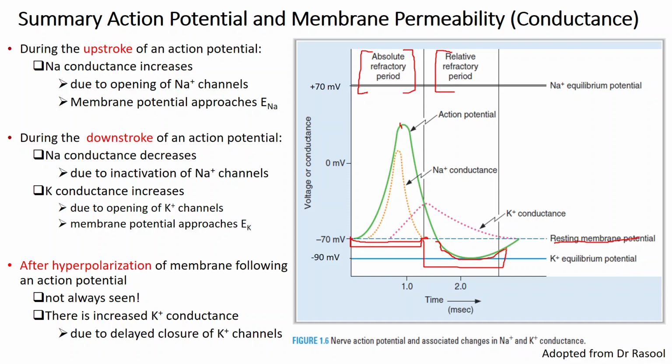During the relative refractory period, the neuron can generate a second action potential, but the stimulus has to be very big in order to bring the membrane to threshold, because the threshold is even farther, as you can see. Whereas at the resting state, this is how far it is from threshold. Okay? Is this all clear?